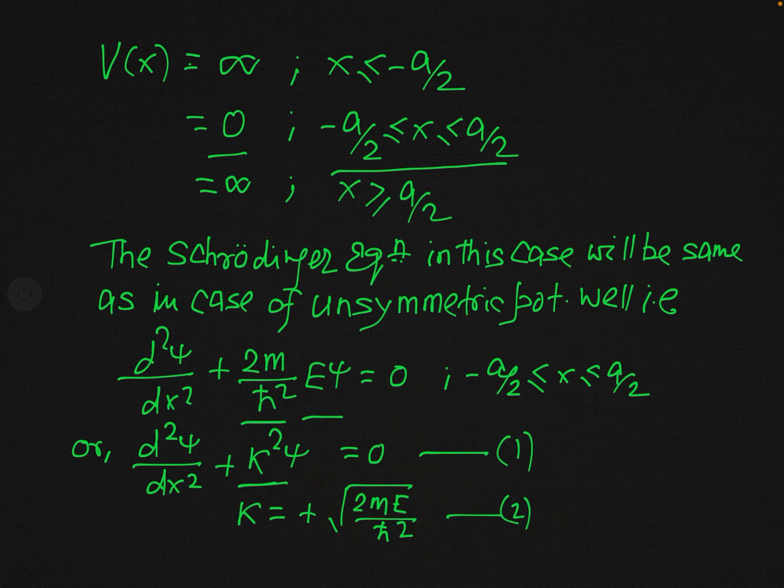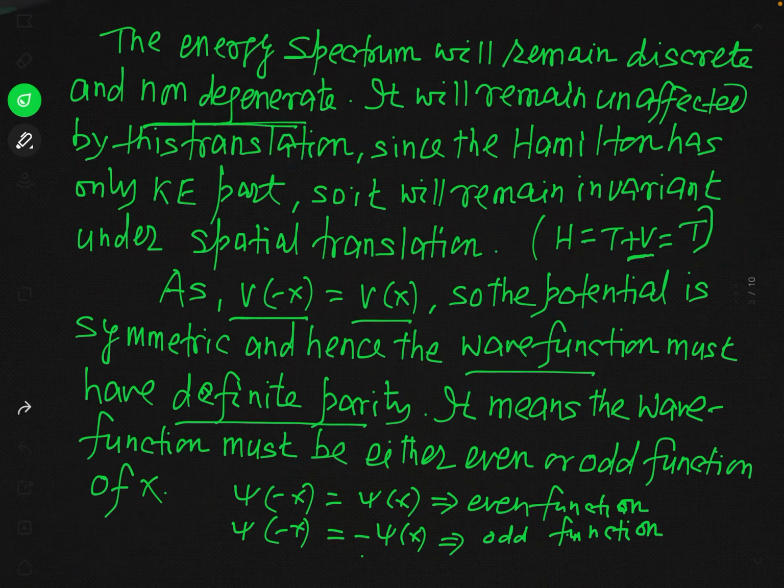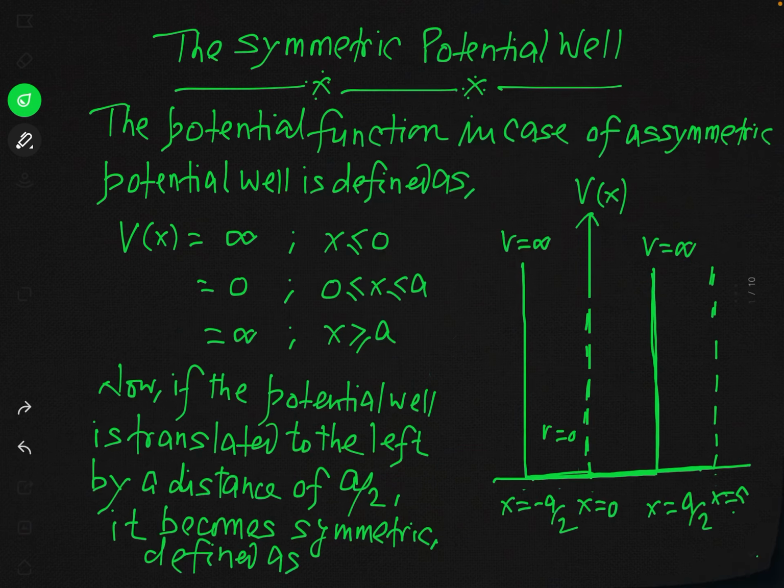Now we can see in this condition that the potential function is symmetric, because V of minus x is equal to V of x. You can see from this figure, if we consider a point between x equal to 0 and x equal to a by 2, let us say at x equal to plus a by 4, and also a point at x equal to minus a by 4.